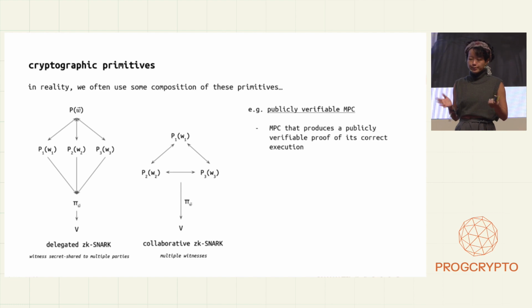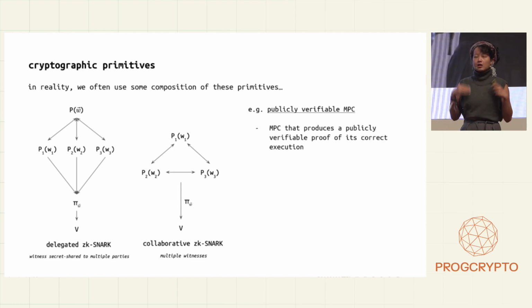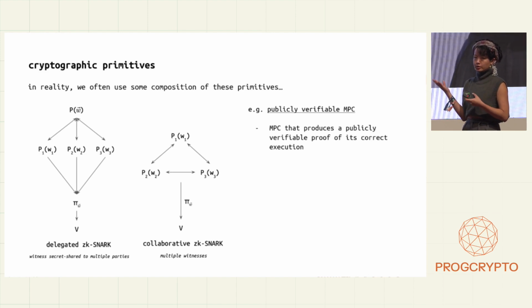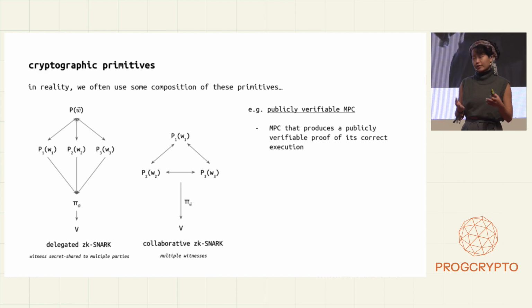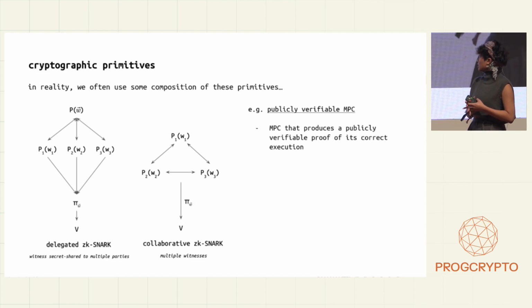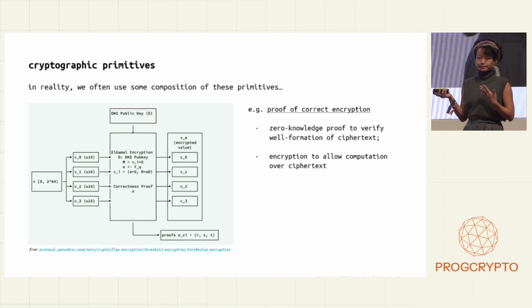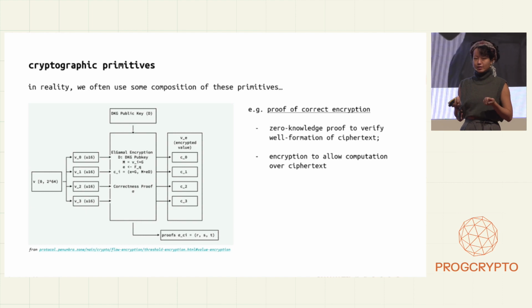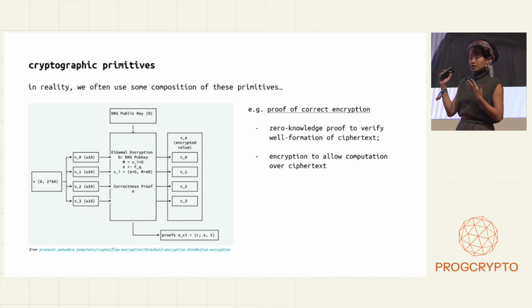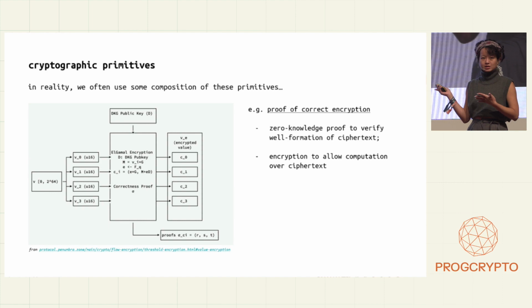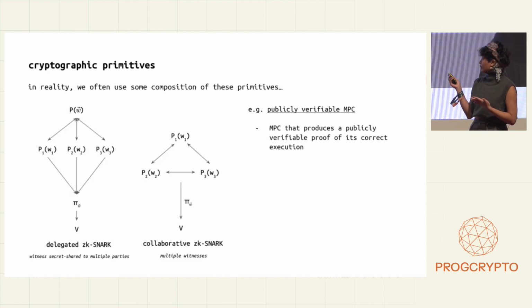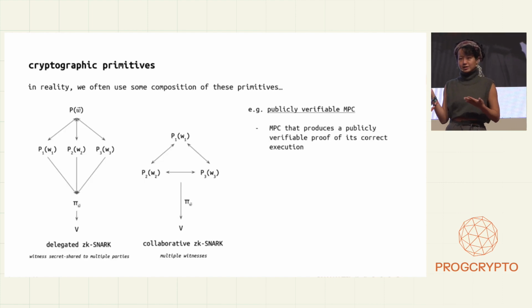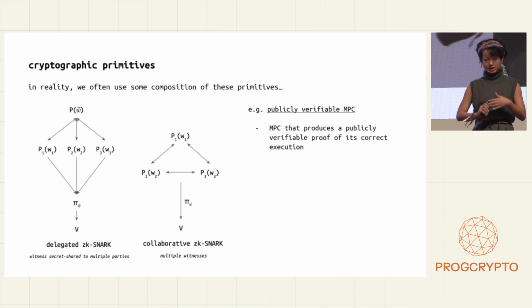So besides performing the joint computation, the parties in the MPC also produce a zero-knowledge proof attesting to the validity of the computation. So basically, zero-knowledge proofs help us to audit these private computation methods. It helps us to check the well-formation of messages that are encrypted, and it helps us to check that parties in an MPC followed the correct procedure.